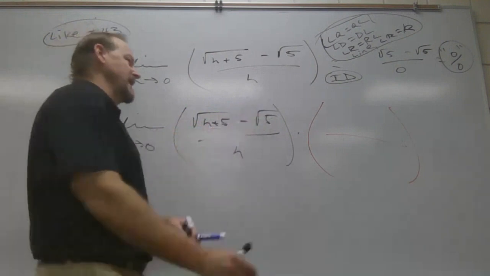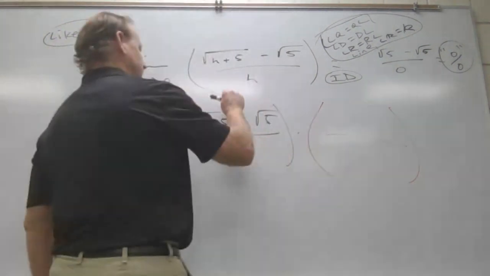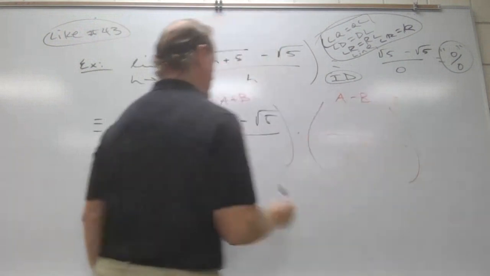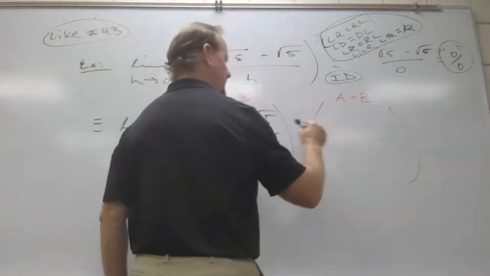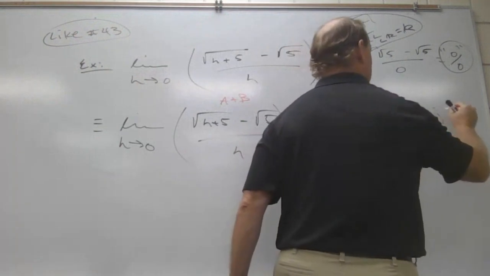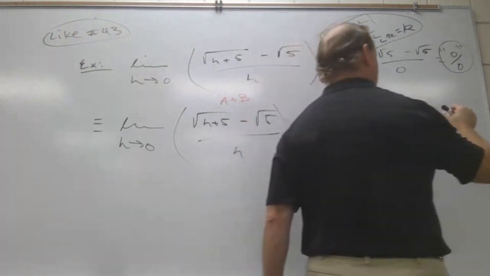So if I've got a plus b, I could multiply it times a minus b. So I'm going to multiply top and bottom by the conjugate. What's the conjugate of a plus b? It's a minus b.